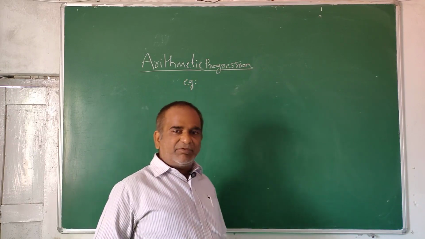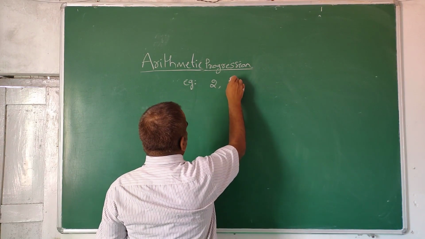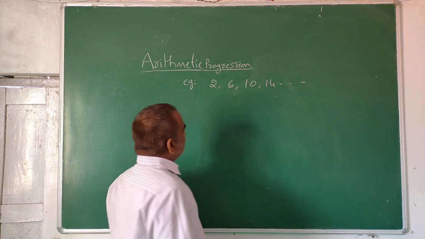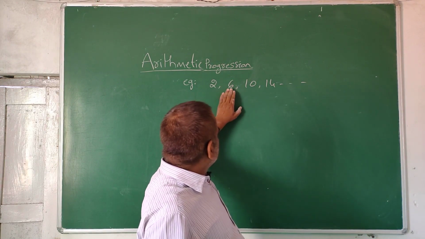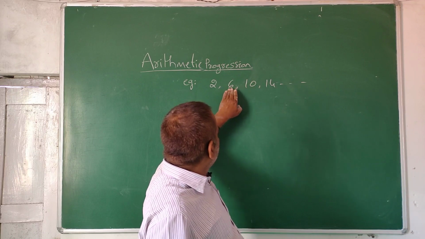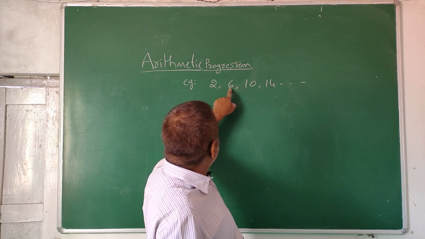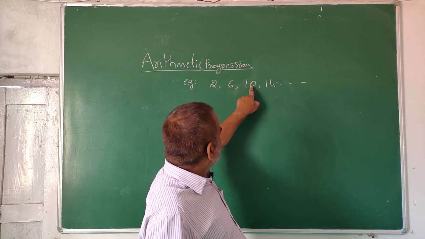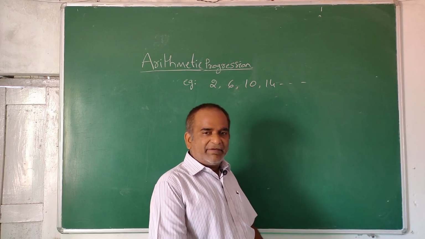See, say take 2, 6, 10, 14 and so on. This is clearly an arithmetic progression because except this first term, every term is formed by adding a constant number 4 to its predecessor. 6 is formed by adding 4 to its predecessor. 10 is formed by adding 4 to its predecessor, like this. So this is an arithmetic progression.